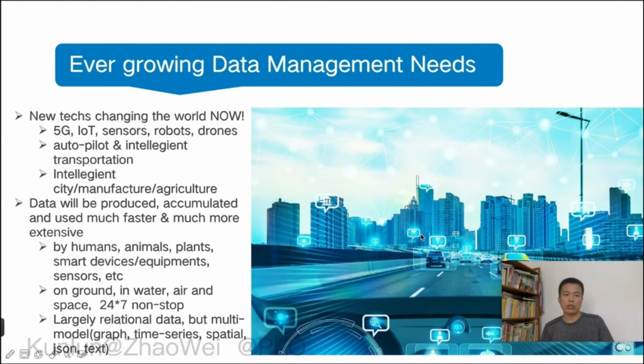First, all these new technologies, 5G, IoT, sensors, robots and drones, autopilot, and so on, are producing a lot of data non-stop. So in the future, we will have a lot more data to store and utilize than today. And most of the data is expected to be relational data.